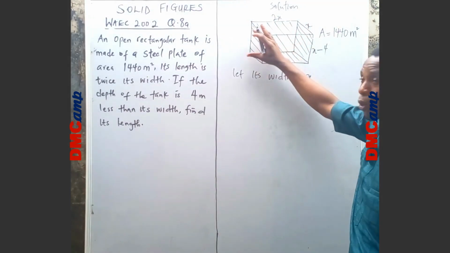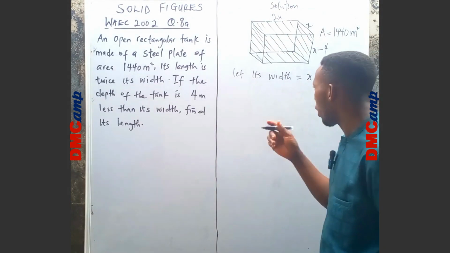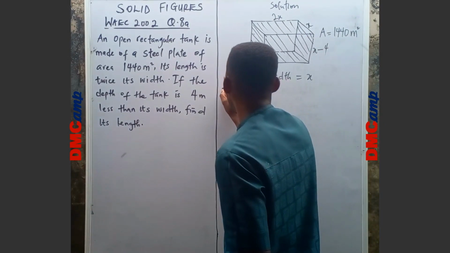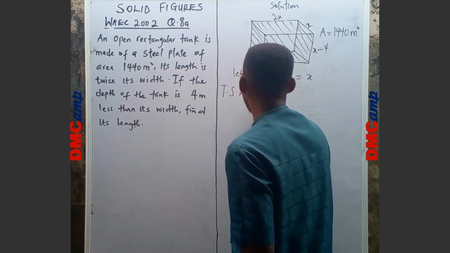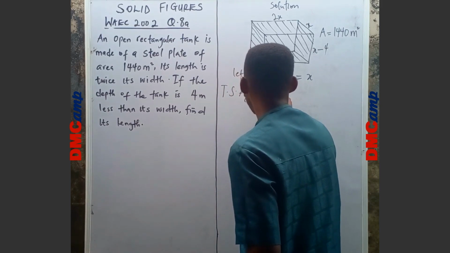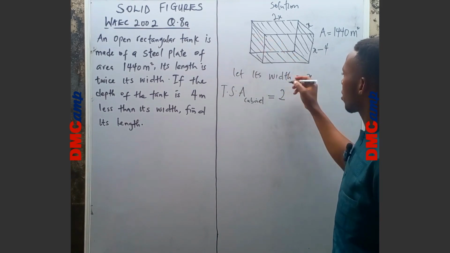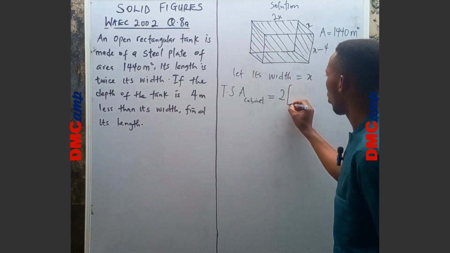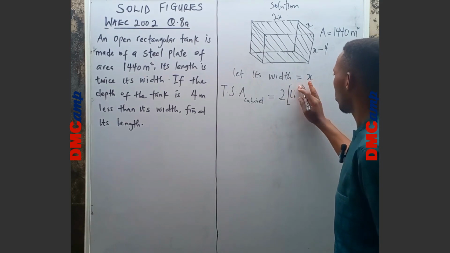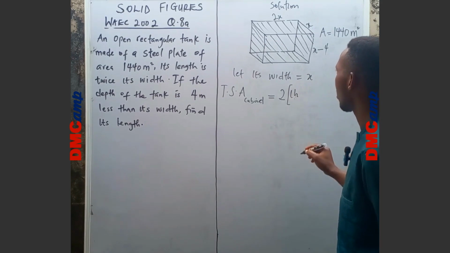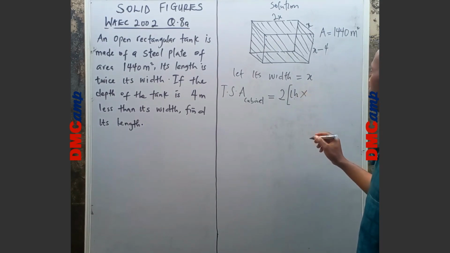The total surface area of this cuboid is 2 of the length times height.